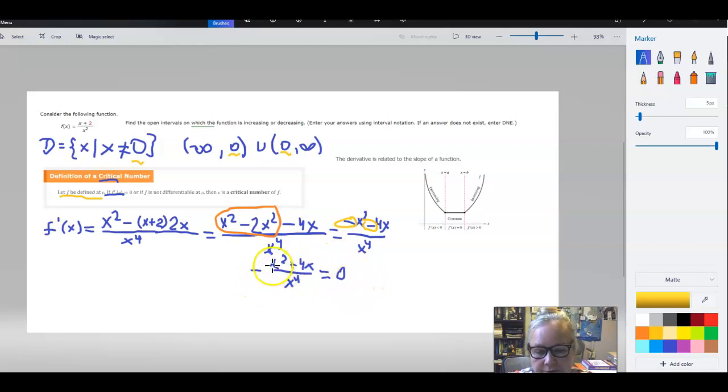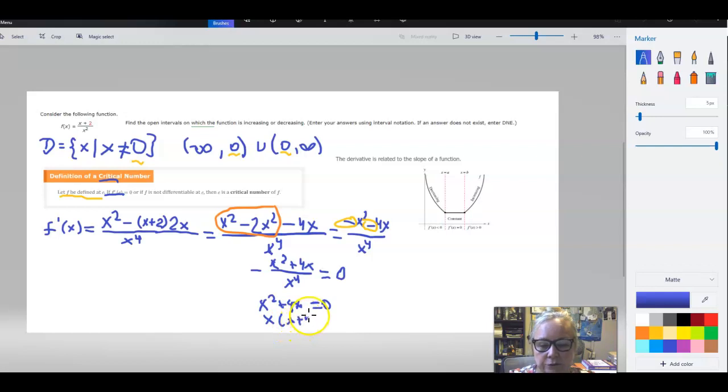So to solve this equation, we have a fraction equal to 0. Any fraction equals 0 when its numerator is 0 and its denominator is not 0. So we're solving x squared plus 4x equals 0. That's the numerator equals 0. We factor out x and we have x plus 4.